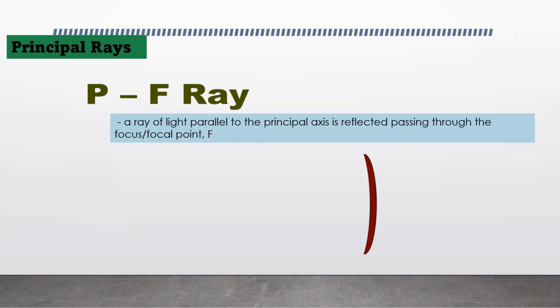Now, assuming this is a curved mirror, concave mirror, and the line drawn at the center is a principal axis. If that is the object, and that is point C, that one is the focal point, and that one is the vertex.